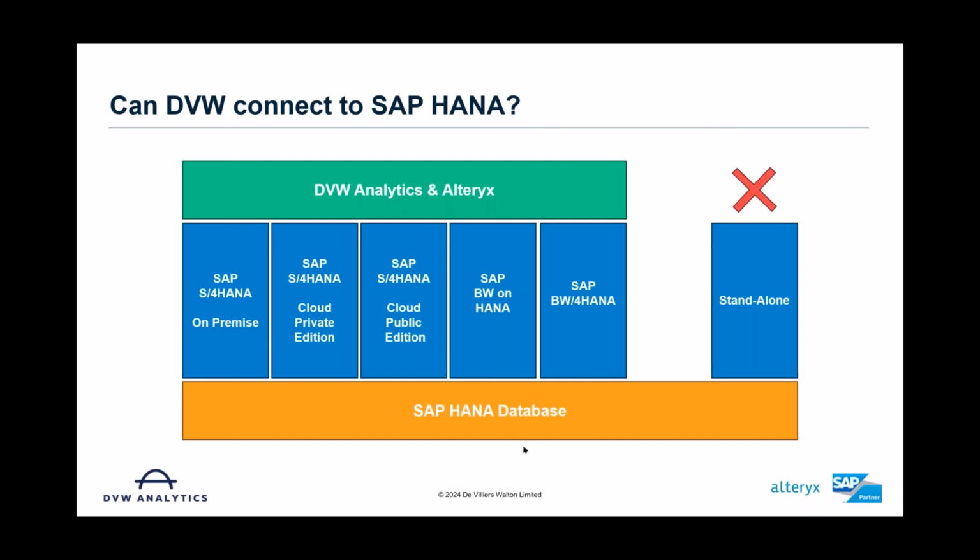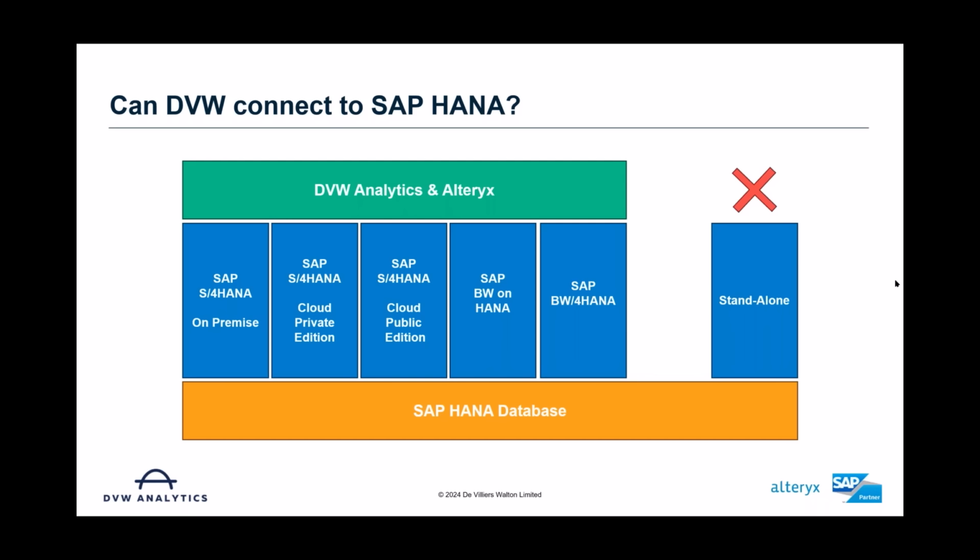It's still fully functional, but the target market is slightly smaller organizations. Now, DVW with Alteryx and our connectors, we can work with SAP S/4HANA on-premise, the SAP S/4HANA Cloud Private Edition, and the SAP S/4HANA Cloud Public Edition. Right, zero problem, full functionality, lots of capability there.